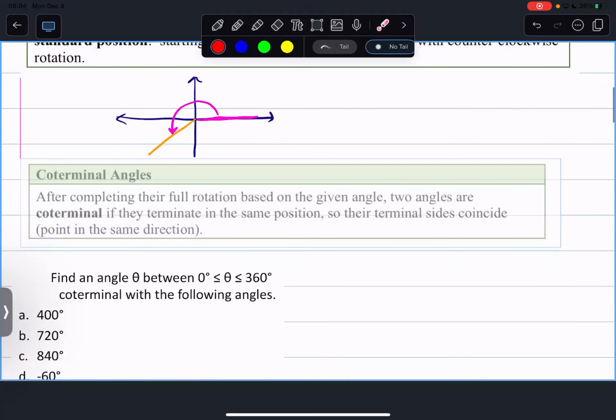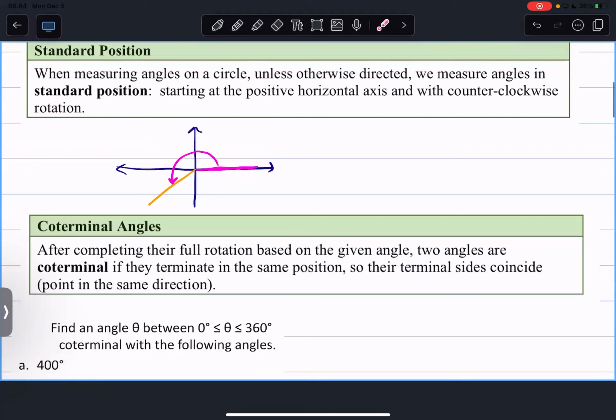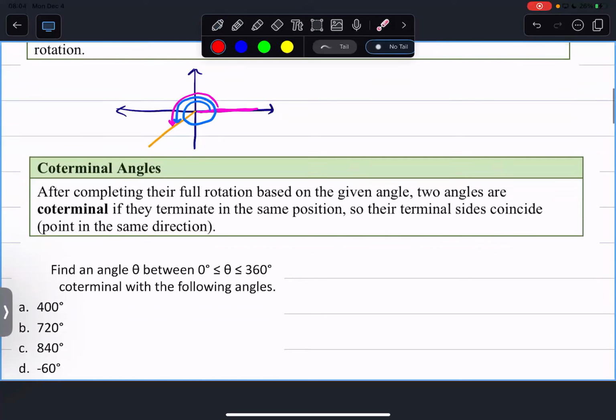So of course, this arm, the terminal side, would be the same if we moved from standard position all the way around and back again, right? Looks the same. Got a spiral now. And what we call those are coterminal angles.